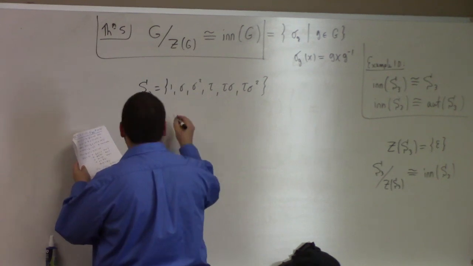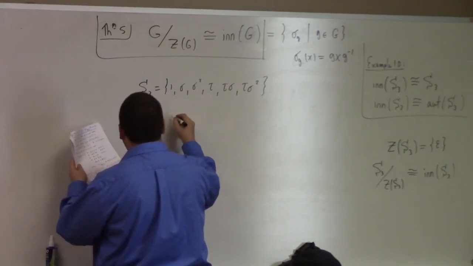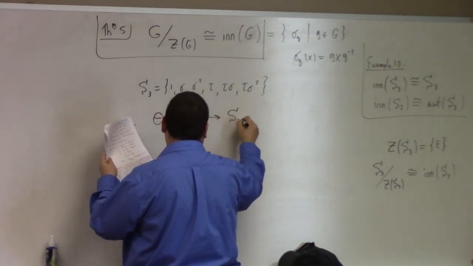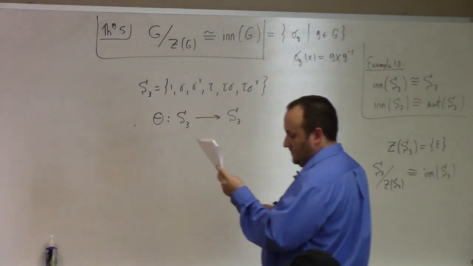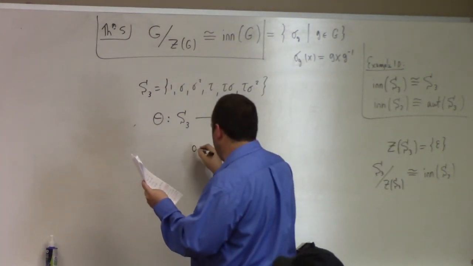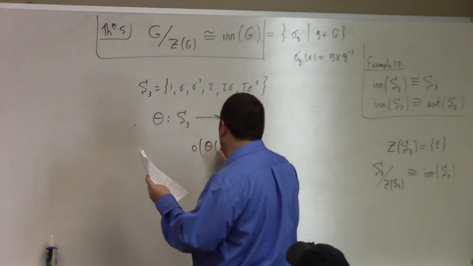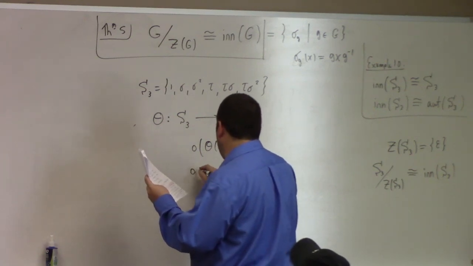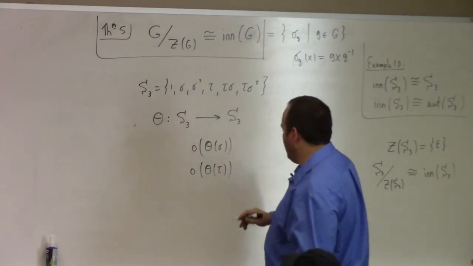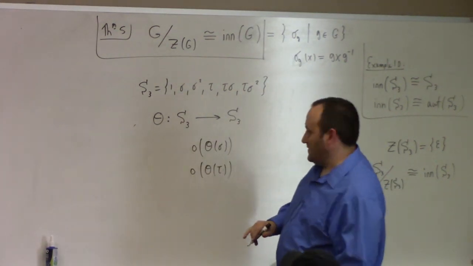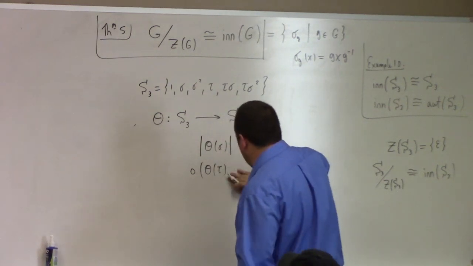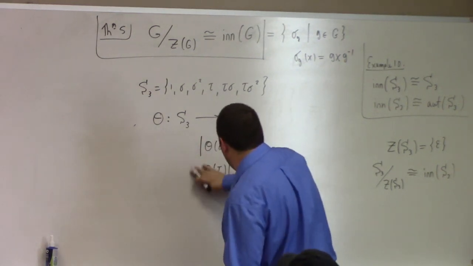And so if we want to define an automorphism theta that goes from S3 to S3, then the order of theta of sigma has to be what? And the order of theta of tau has to be what? I really don't like this little O notation, you'll forgive me if I instead use order.